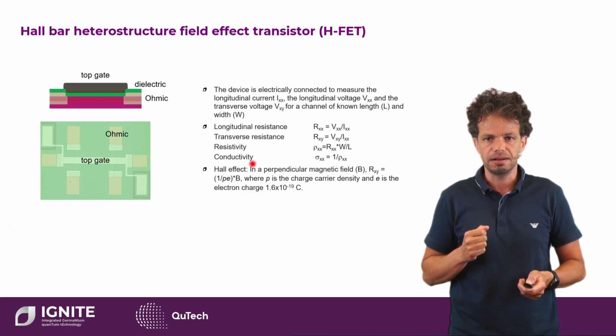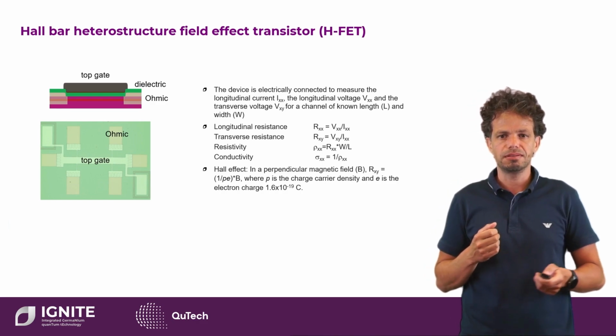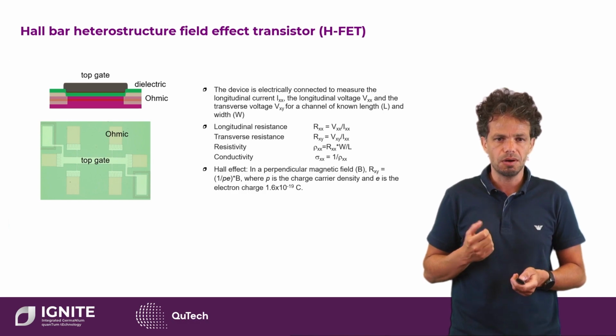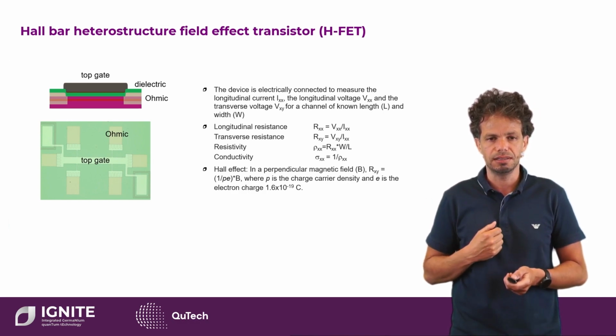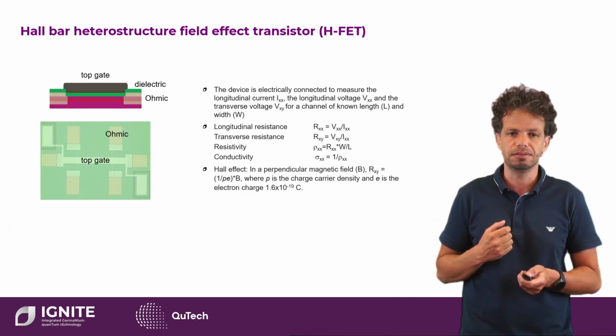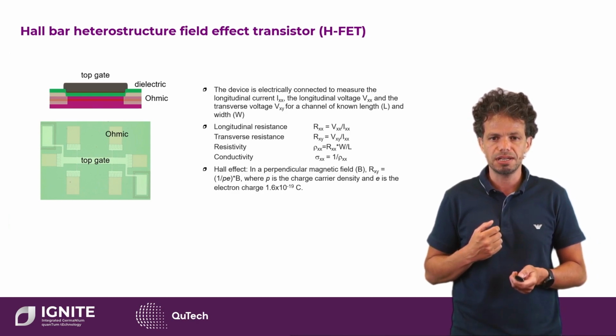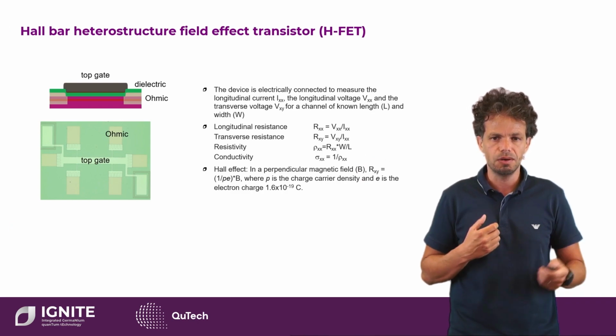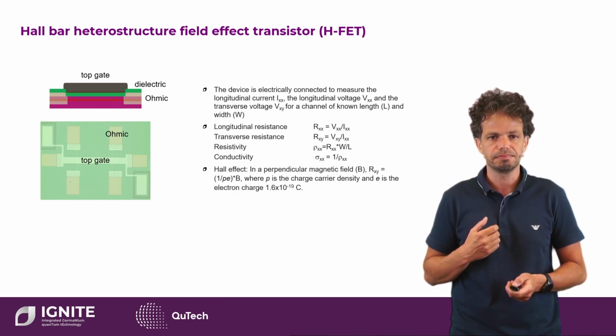Using these formulas, we can gain information about the resistivity of the two-dimensional hole gas. And by using the Hall effect, applying a perpendicular magnetic field to the device, we can also measure the slope of the transverse resistance, and via the Hall effect, we measure the density.